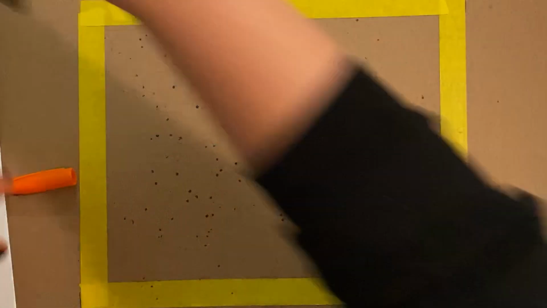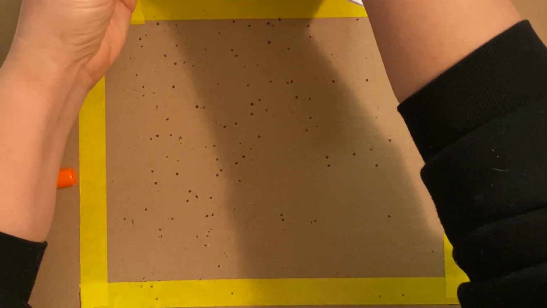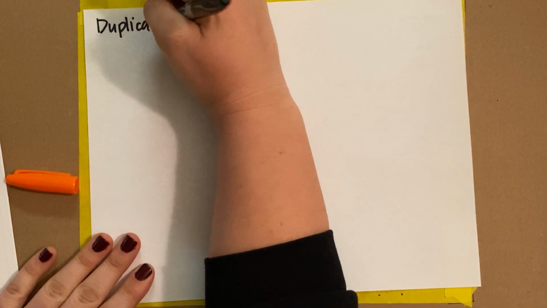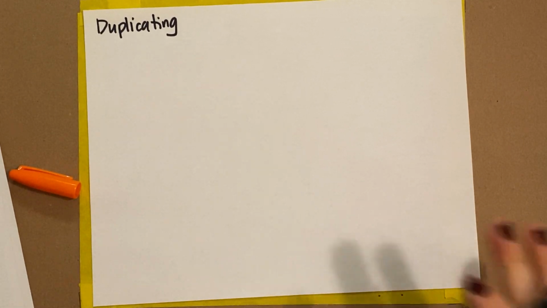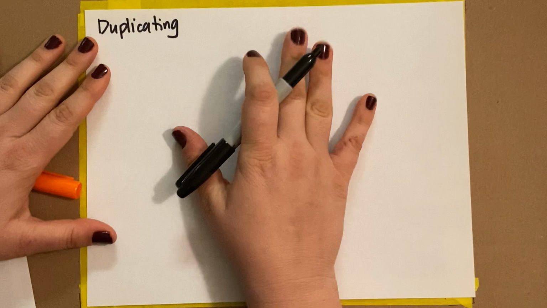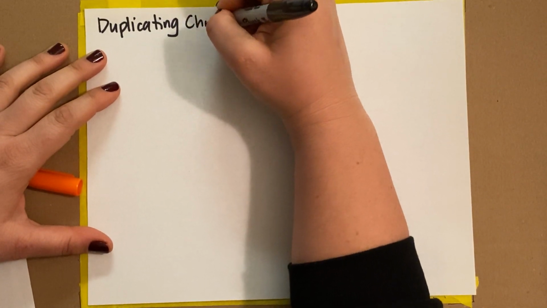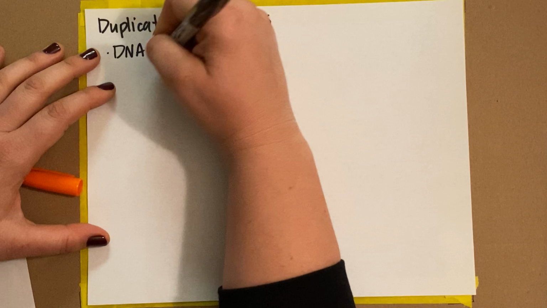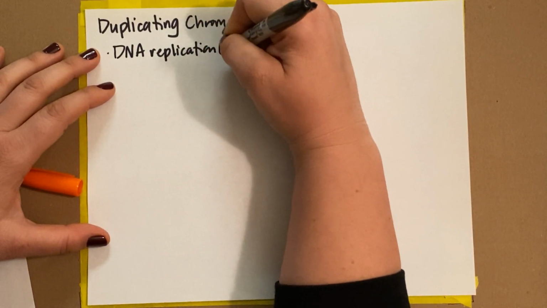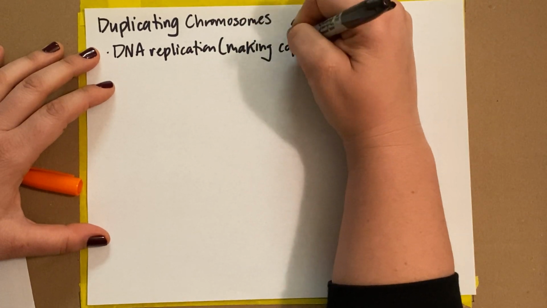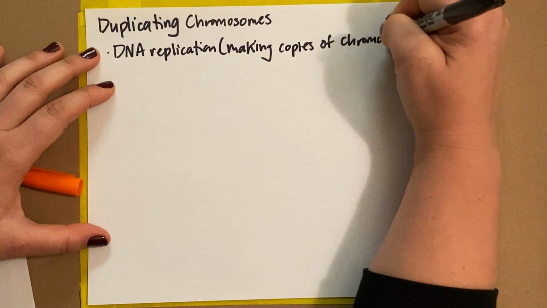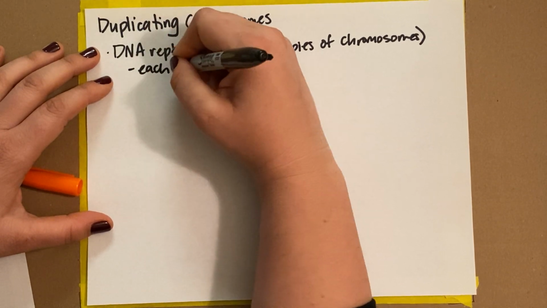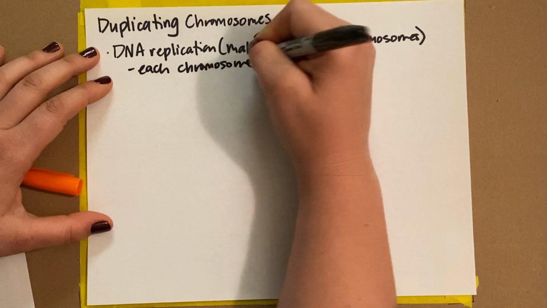Okay, so I'm gonna draw this a little bit different now so we can start talking about duplicating chromosomes. And I will talk about the actual process of DNA replication in detail in a later lecture, but for now, this is going to be kind of what we'll talk about. Okay, so this has to do with DNA replication, which means making copies of chromosomes. Okay, so during this process, each chromosome is copied.